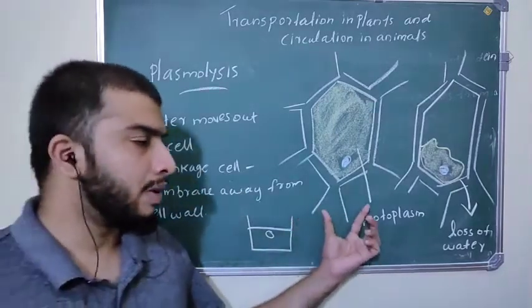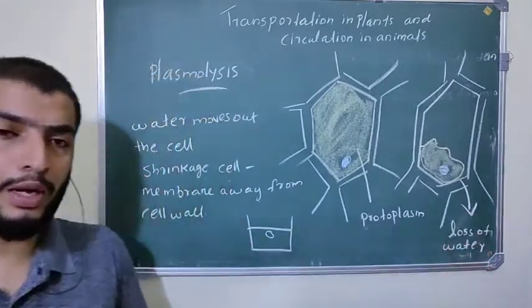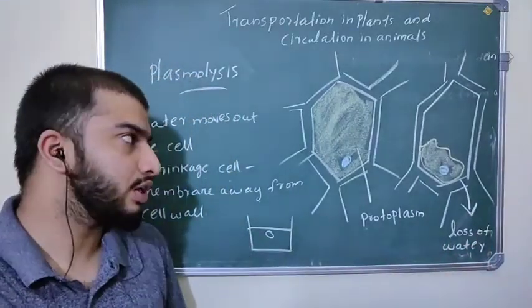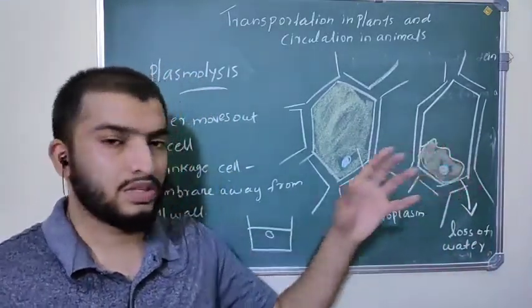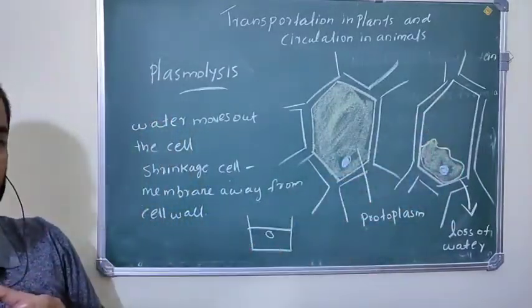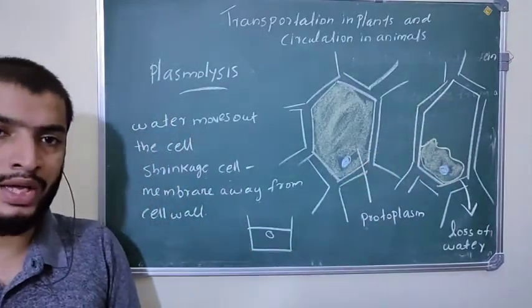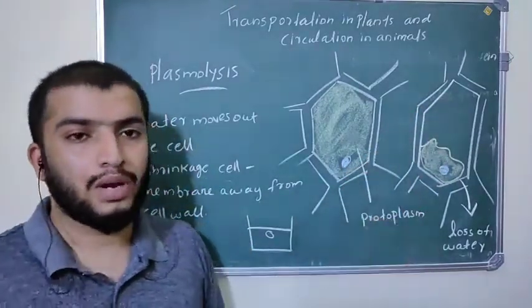This is a normal plant cell and this is the plasmolyzed cell. If you put a plant cell in a highly concentrated solution, the protoplasm shrinks, or the cell membrane separates from the cell wall of the plant. So that is called plasmolysis.